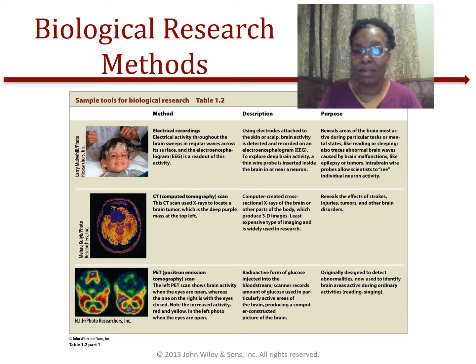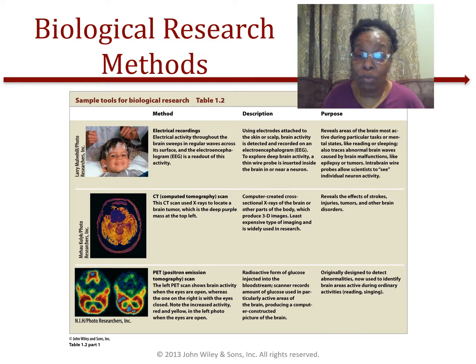But yeah, those are expensive. However, what CTs can do is help determine whether a person may be having a stroke, if they have any internal injuries, any tumors, as well as other brain disorders.